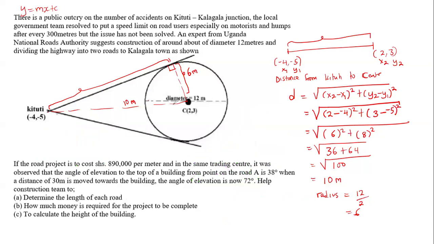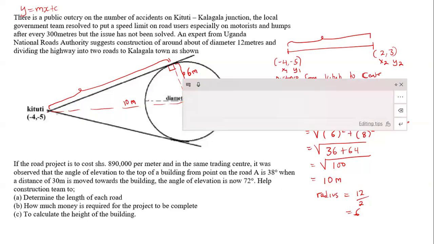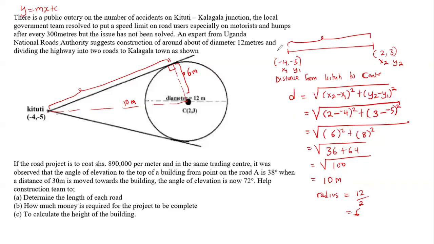Now to get that distance, I expect you to have used the Pythagoras theorem. People are getting 8 meters from the chart. Some are getting 11.